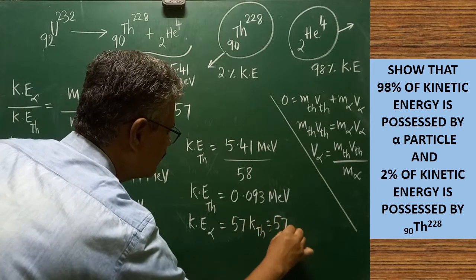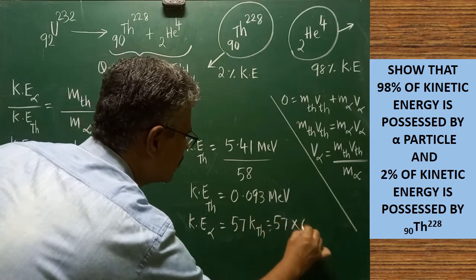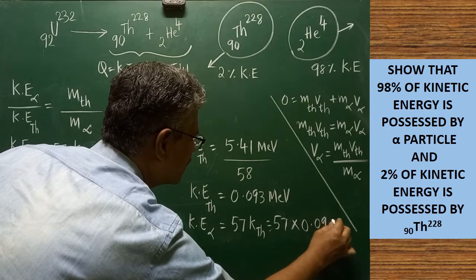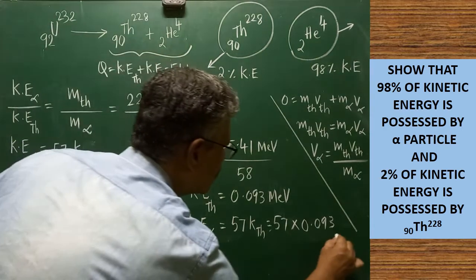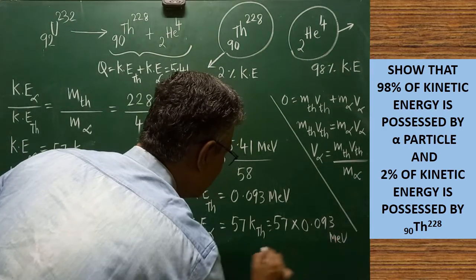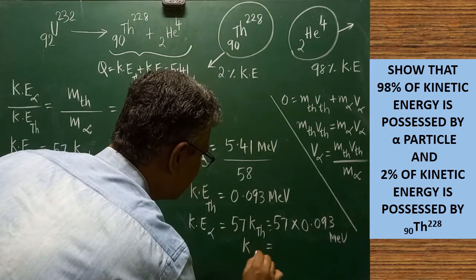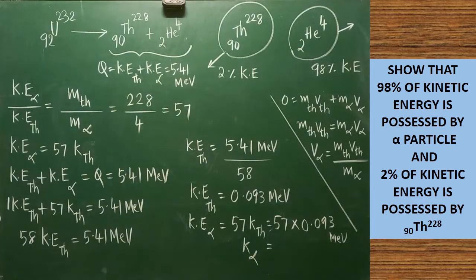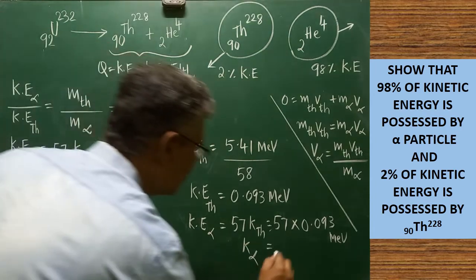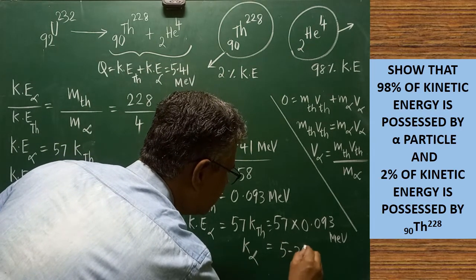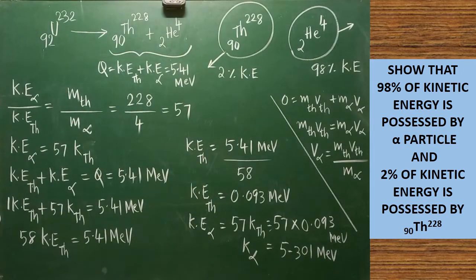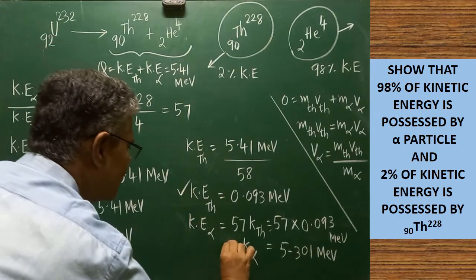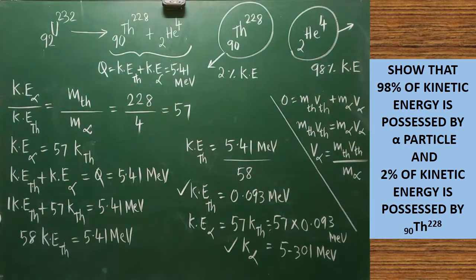Substitute now: 57 into 0.093 million electron volt. After multiplication, you will get 5.301 million electron volt. So this is the kinetic energy of thorium, this is the kinetic energy of the alpha particle, both are found out.